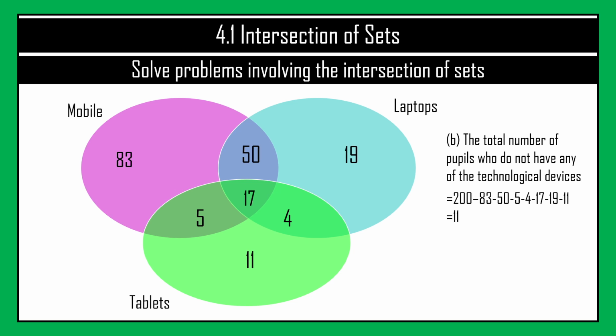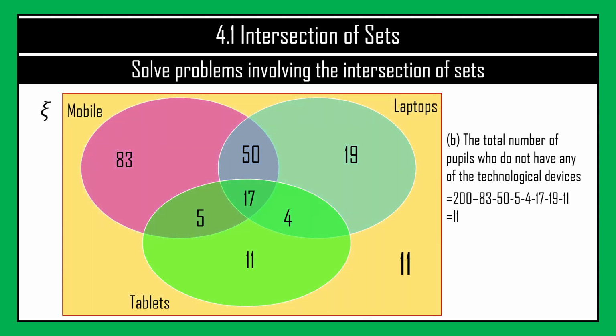So 200 is the total. We minus every number in each section, and we are left with 11. So there are 11 students that did not have any of these technological devices. Because they do not belong to any of them, we put them outside, and because it is outside, we need to give a universal set.